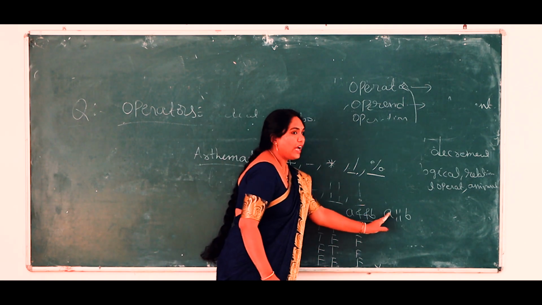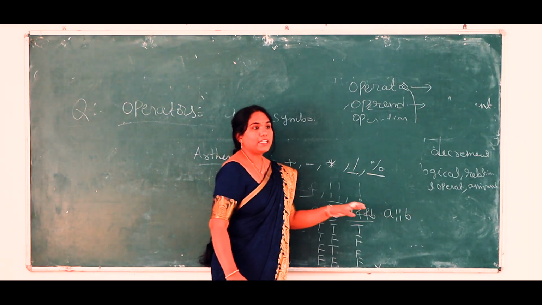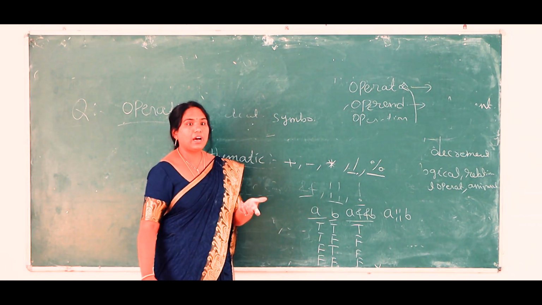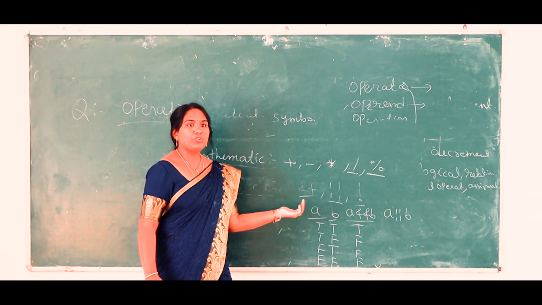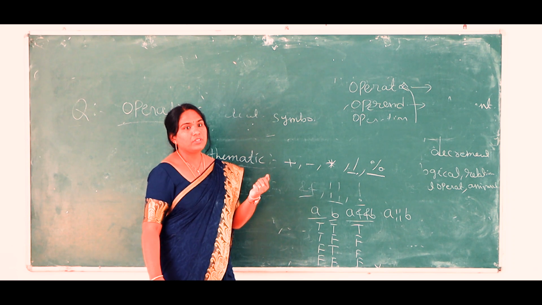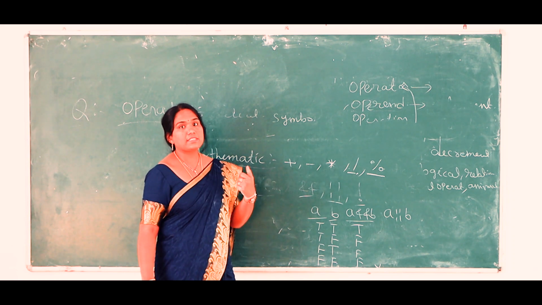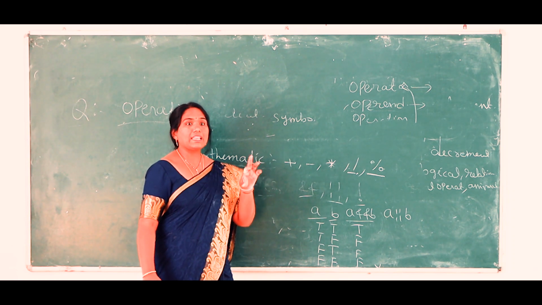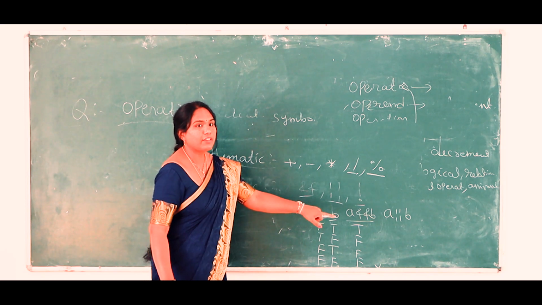Come to the point of A or B. Here we have the meaning or. What is meant by or? If A is true, you will get the answer true. If B is true, you will get the answer true. When both are false, that time you will get false.